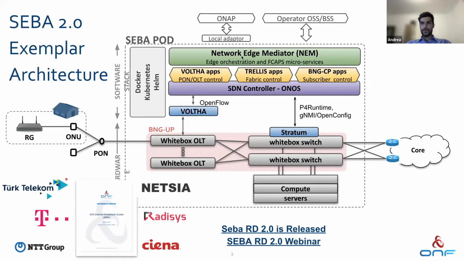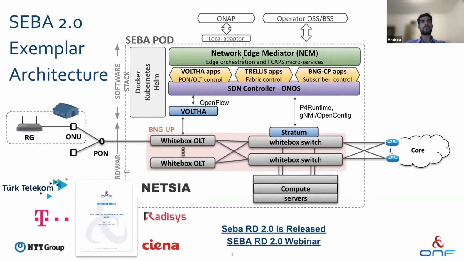So at ONF, there is a document which is called the CIBA Exemplar Reference Design that is co-written by the key operators that are participating in the ONF efforts and the companies, system integrators and vendors that are also participating in the broadband access venture.